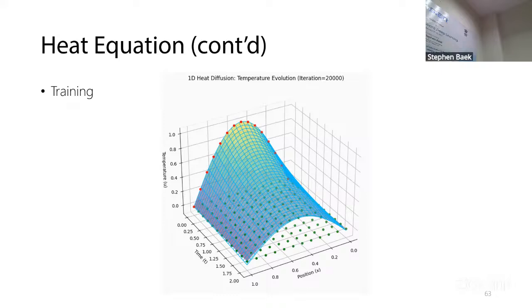During training, the data loss term and the physics-informed loss term produce gradients that are in the opposite direction. So the data loss term suggests that the model should be changed in this direction, whereas the physics-informed loss suggests that the model should be updated in the other direction. And those directions can conflict.